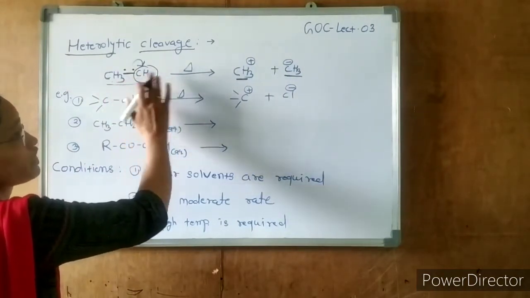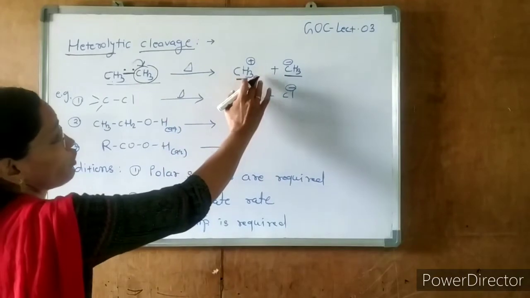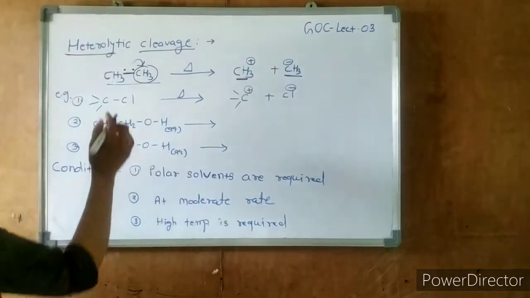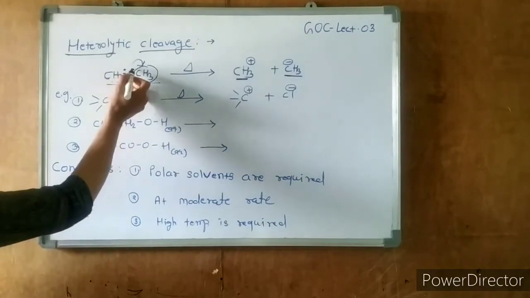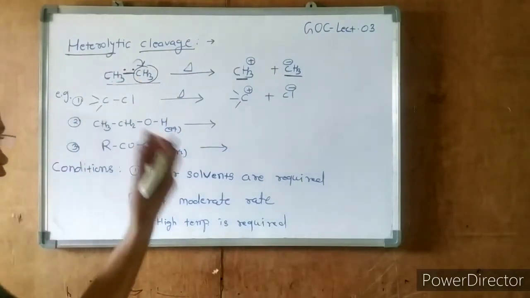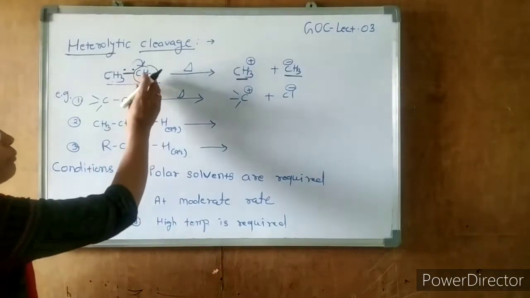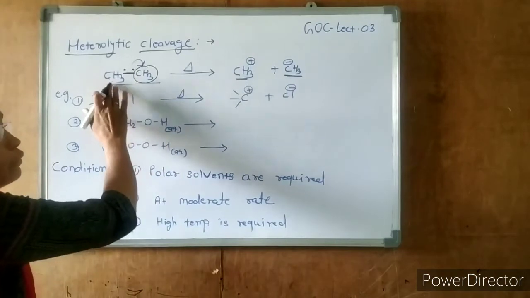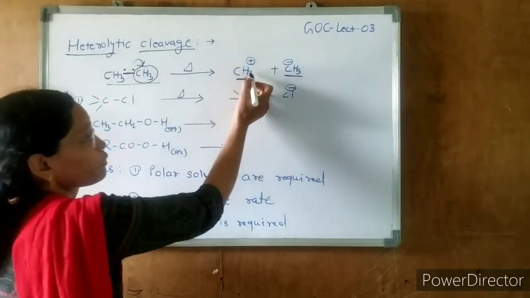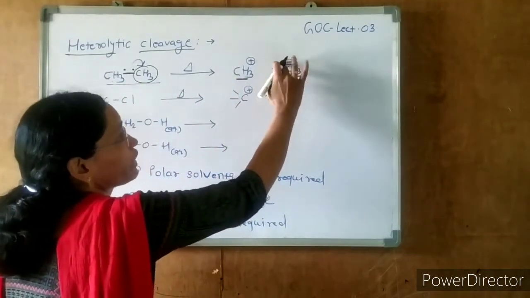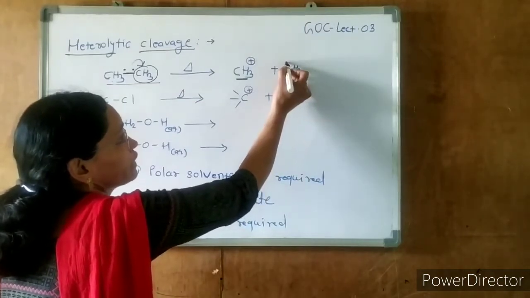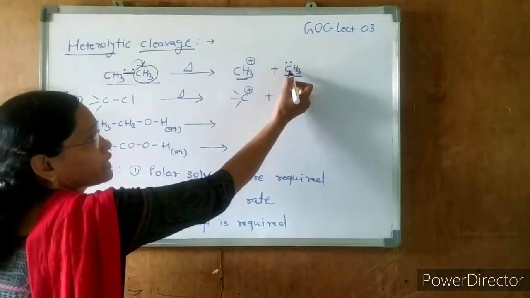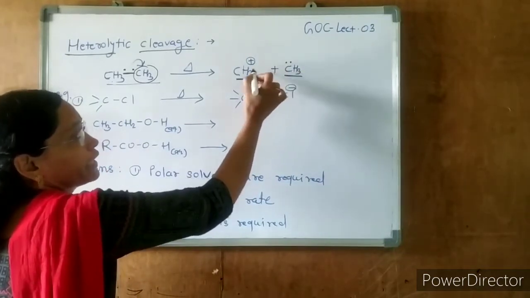If the reaction mixture is heated, there is a formation of carbocation and carbanion. In this case, both the bonded electrons get attracted and acquired by one of the groups, and the other will lose that electron, so one will acquire a plus charge and the other a minus charge. There are two electrons. One electron is from this carbon and another electron is from the other carbon.